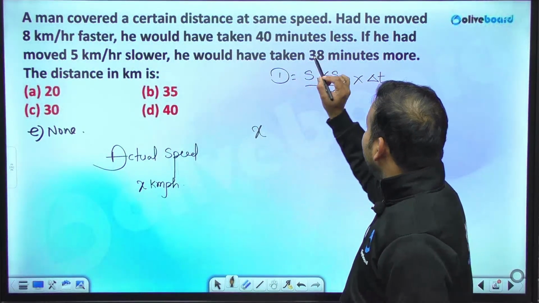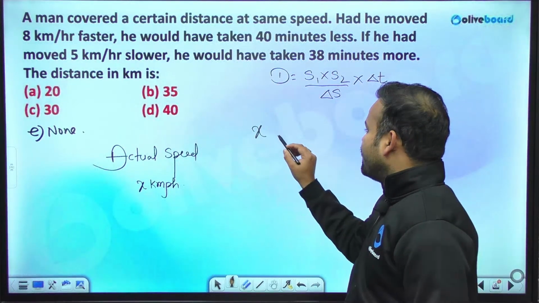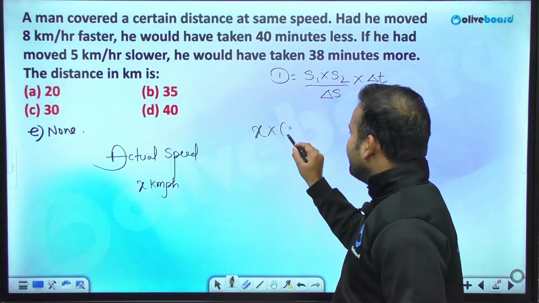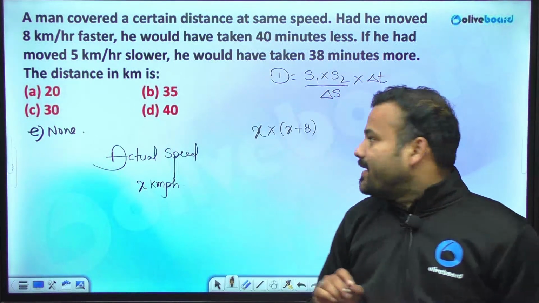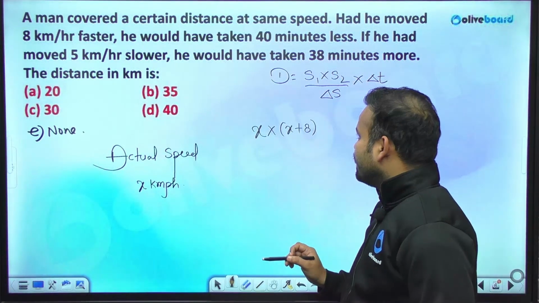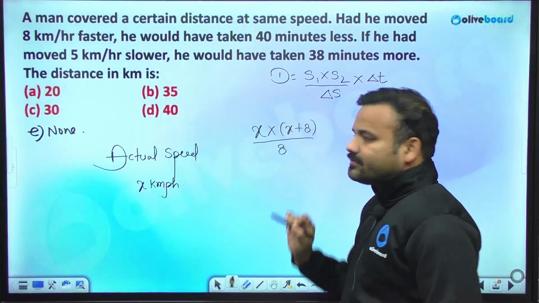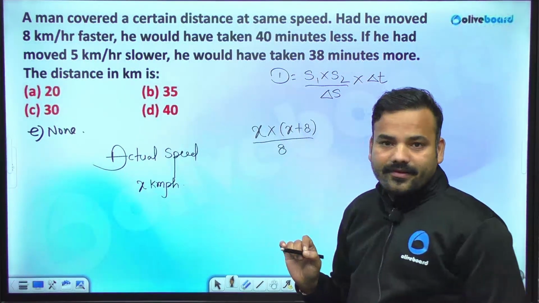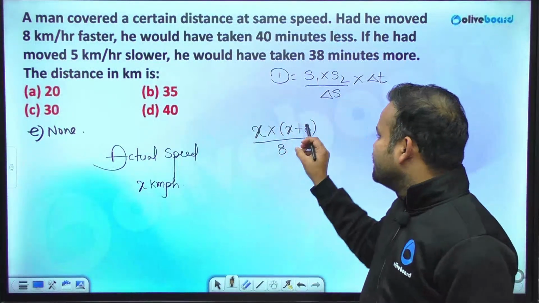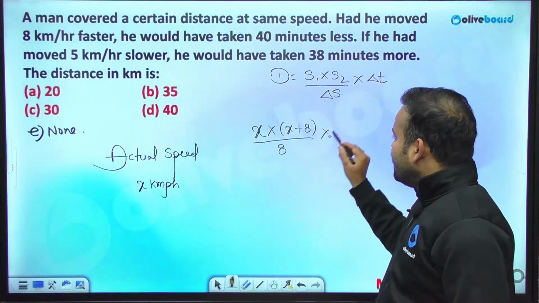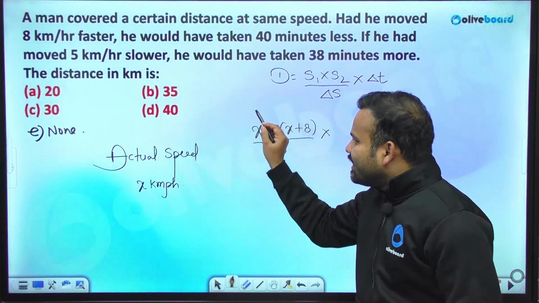First day he has increased his speed by 8 km per hour. That means he was traveling at x and x plus 8 km per hour. The difference of speed will be 8 km per hour, del s will be 8. And what about the time? If he is traveling with the actual speed, he will be reaching on time, that is 0 minute late or early.